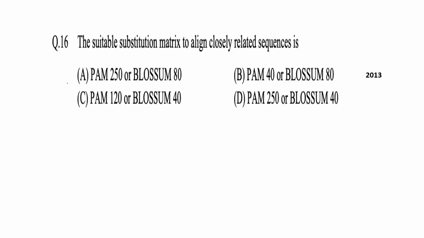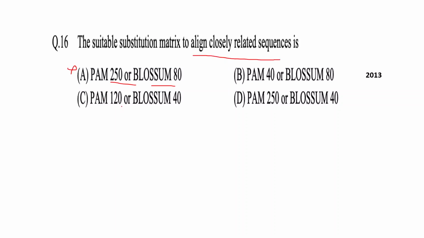In option A, PAM is high and BLOSUM is low, so it is wrong, because it is asking about closely related sequences.